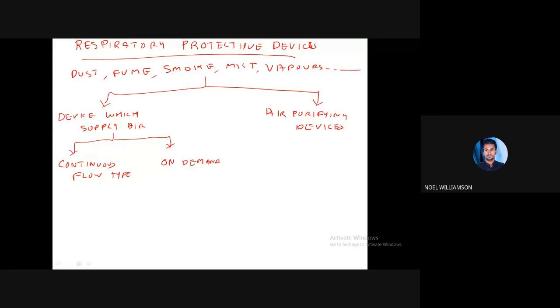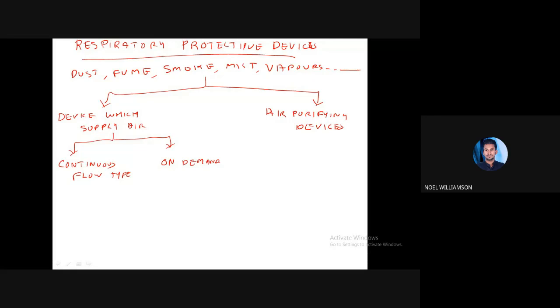So these are the two types of devices which come under the first category, the devices which supply air. The first is continuous flow type, where there is a continuous flow of fresh air to the person. The second is demand type, where the air is supplied just on demand.